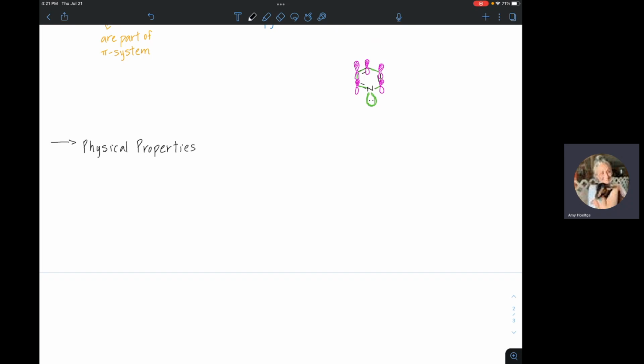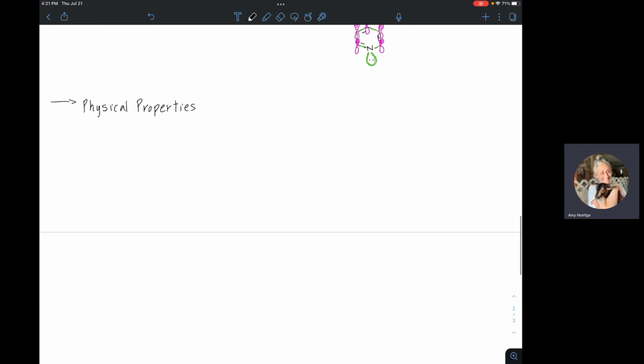So the easiest place to start, I guess, is to just quickly list out some stuff that we notice about these molecules. They're polar. So this will be physical properties of amines, because I want to compare these and their reactivity to that of alkyl halides, alcohols, ethers, whatever, right?